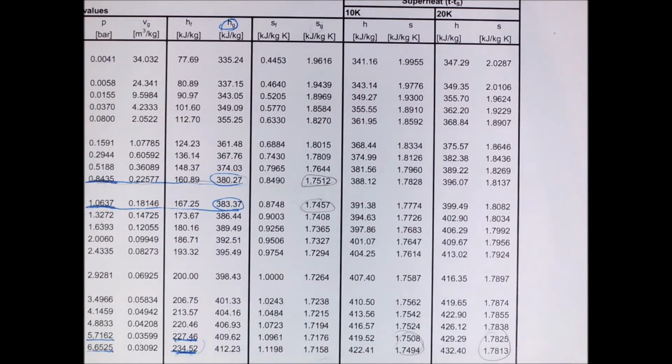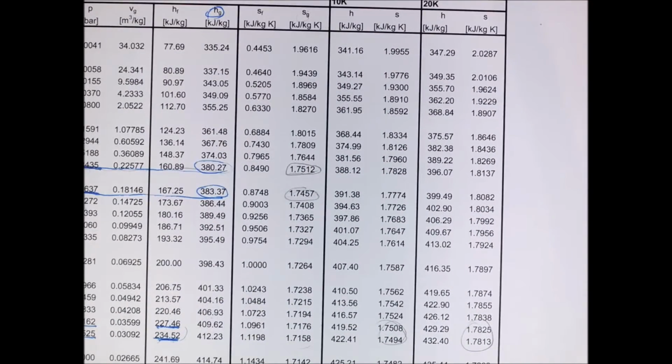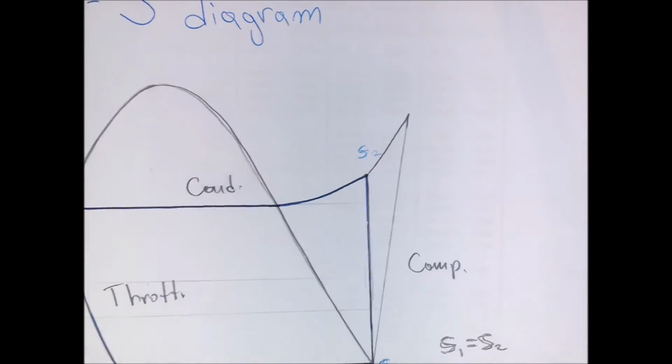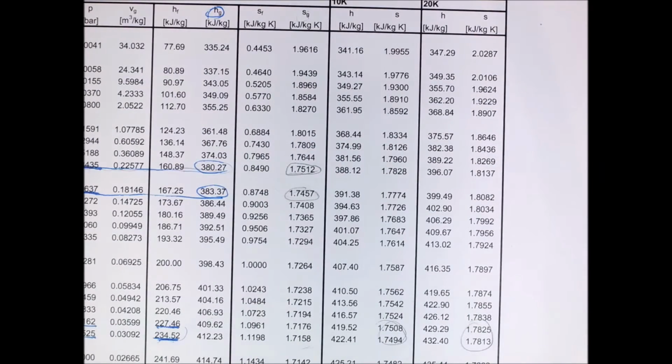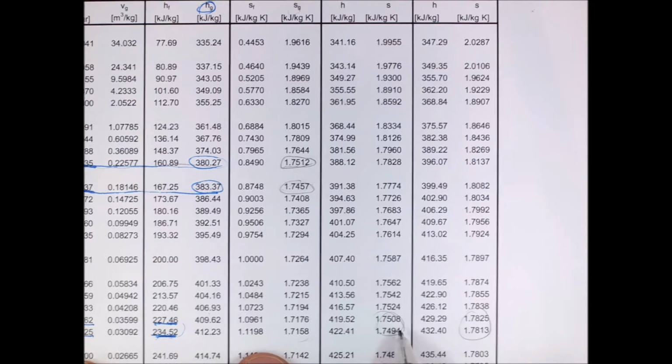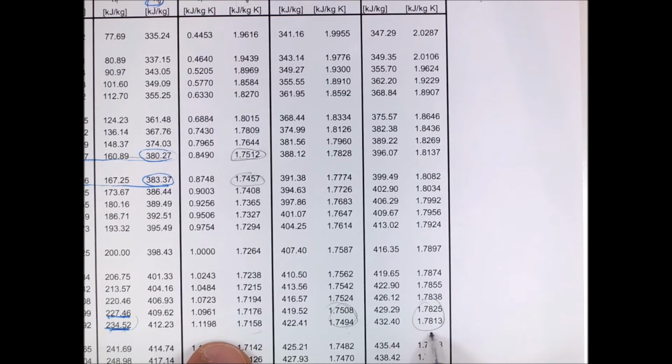So we now know that the gas is superheated, but we don't know by how much. So we can calculate three values of entropy. We already calculated the saturated value of entropy at 6 bar. We can calculate the superheated value of entropy at 10 Kelvin and the superheated value at 20 Kelvin.